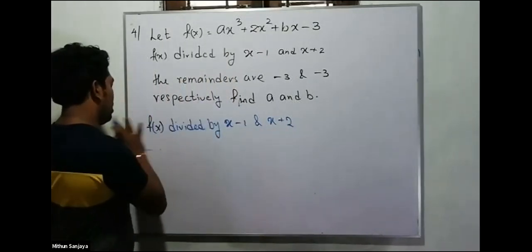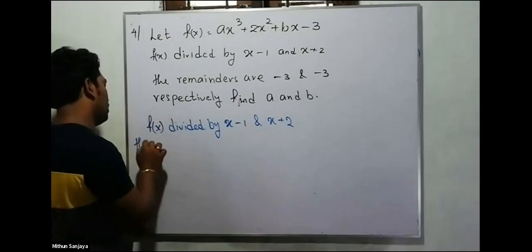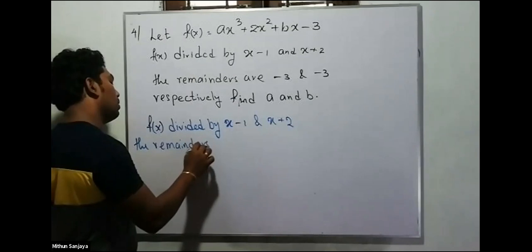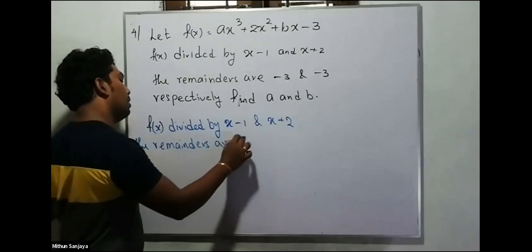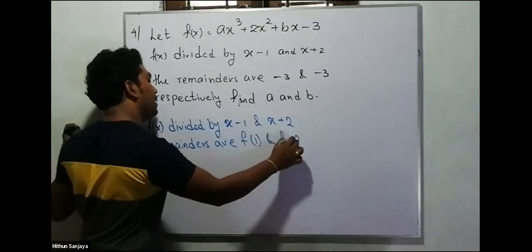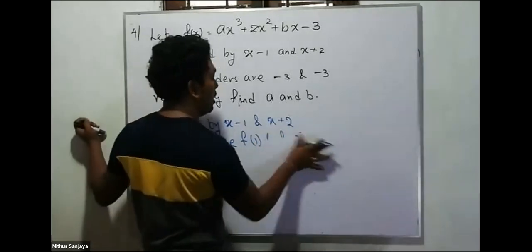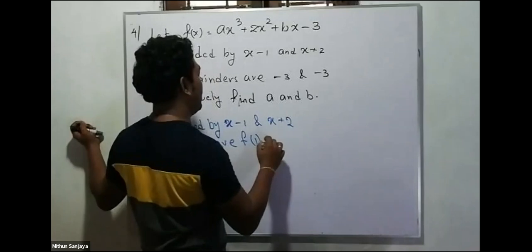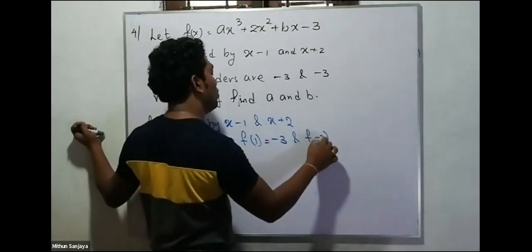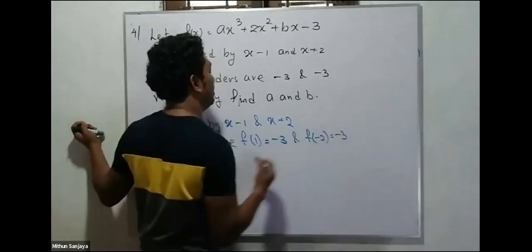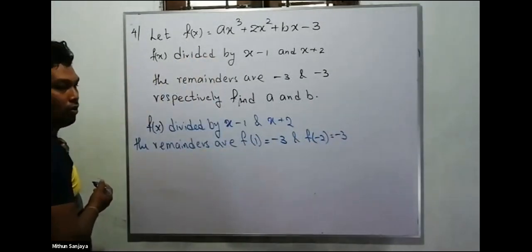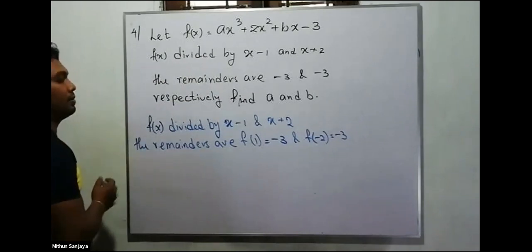The remainders are f1 and f minus 2. f1 is given minus 3 and f minus 2 is also minus 3. Like that we can write. Or you can write this separately.